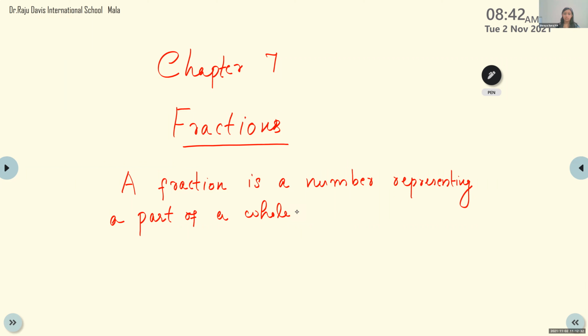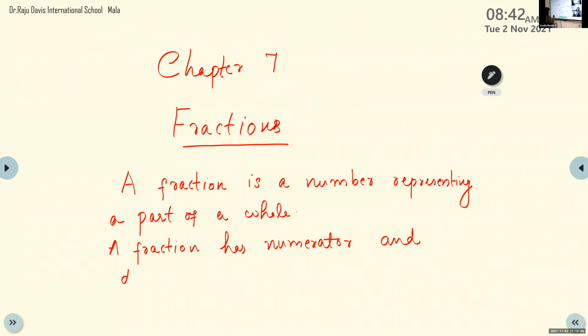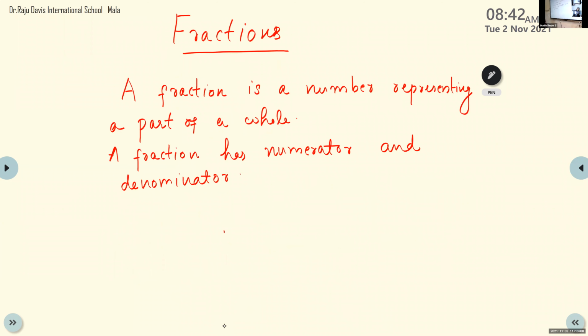Done. Okay, children. A fraction has a numerator and denominator. Example.